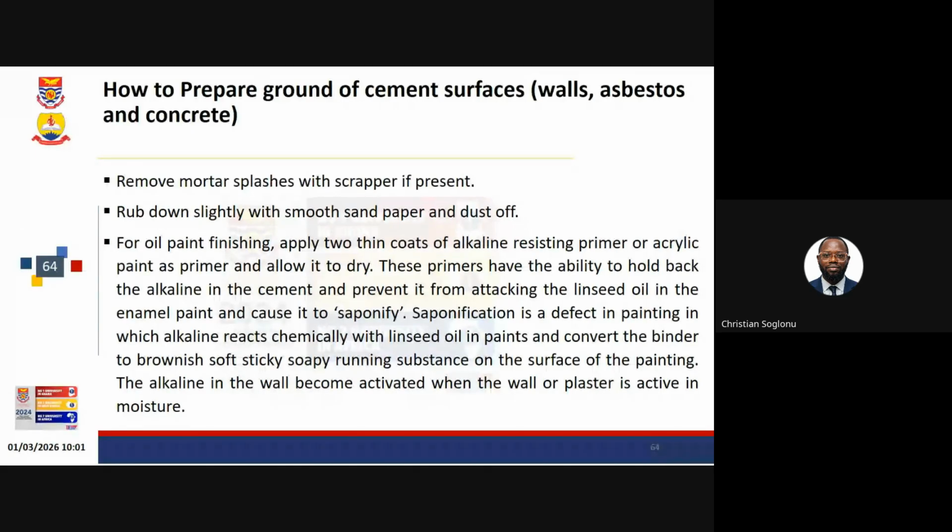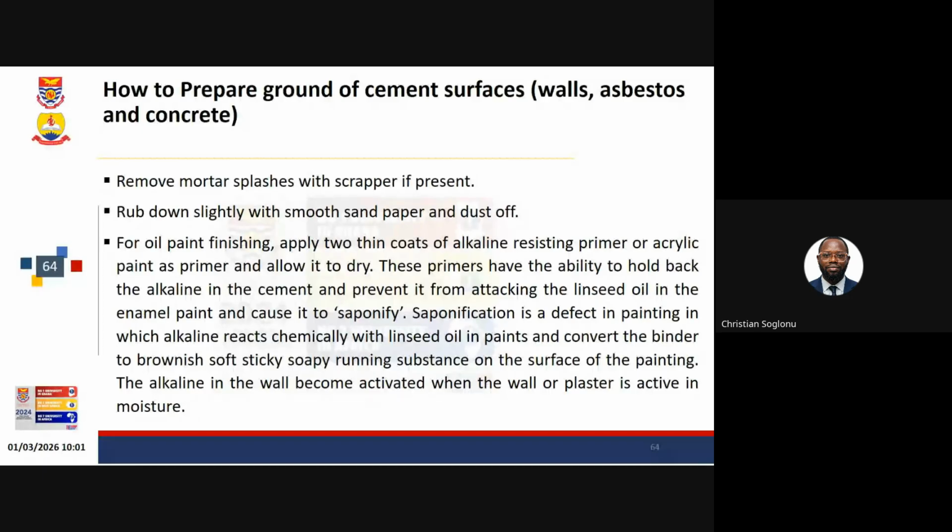You first of all use your hand on the surface, and if you see any mortar splashes, you come in with your scraper. Then you scrape off those splashes of mortar on the surface. After you scrape off, it says rub down slightly with smooth sandpaper and dust off.